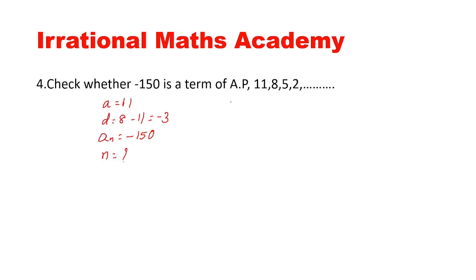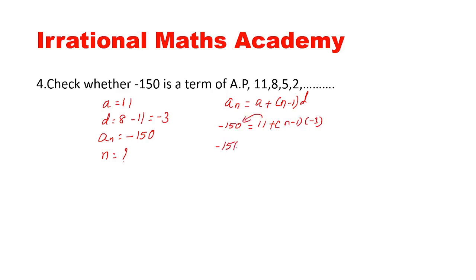So same thing. What is the formula? An equal to a plus n minus 1 into d. An they give as minus 150, equal to a value 11, n we don't know, n minus 1, d they give minus 3. I'll transpose this 11 to this side.